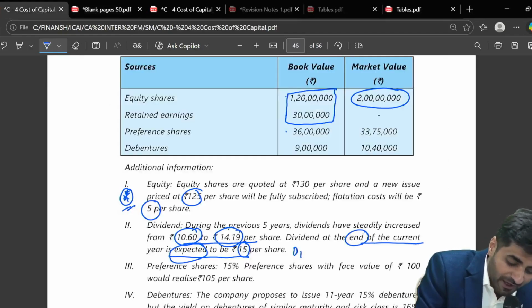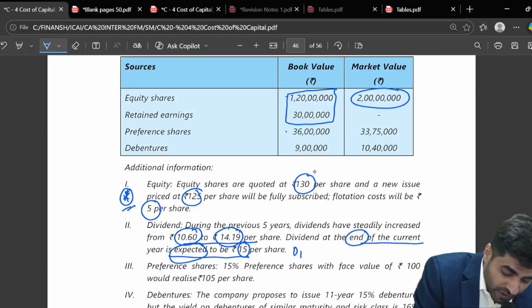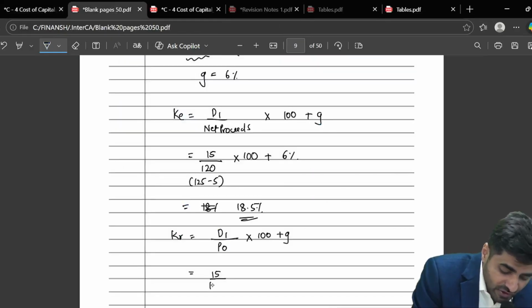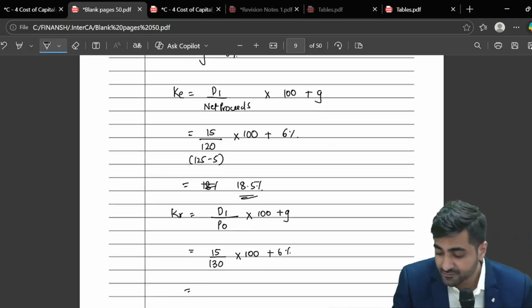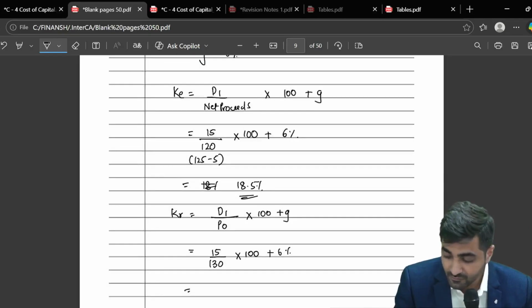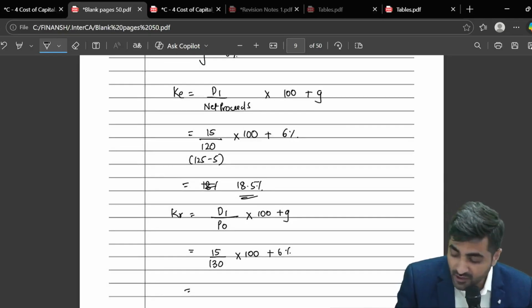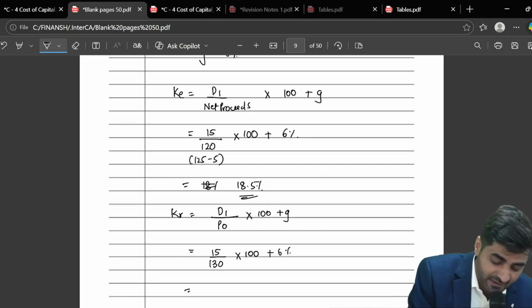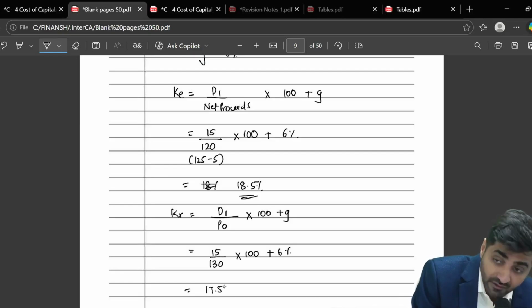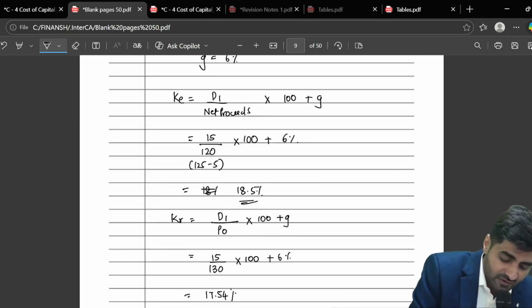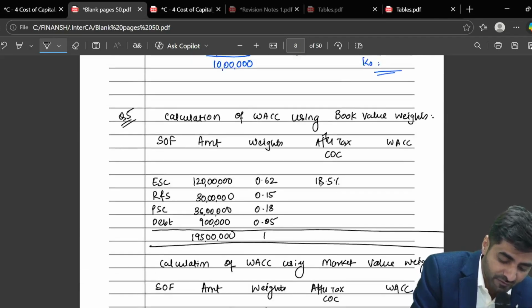But what should be the market price? The market price is quoted at 130. So you have to divide that by 130. This is where the institute has made a mistake. Give me the answer. What is the answer which is coming? 17.54%. So this is your KR, 17.54%.